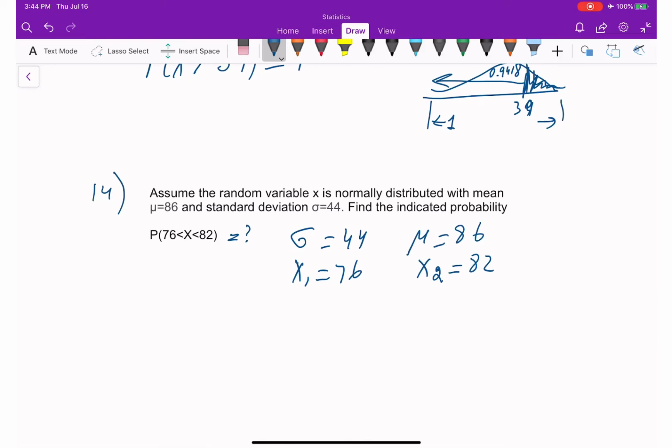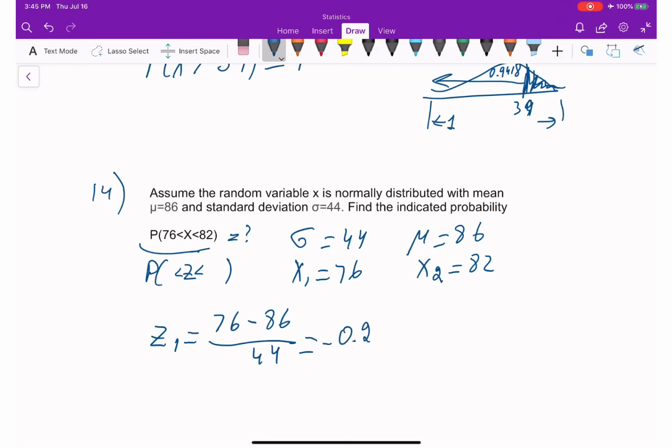To find the probability for x, we need to transfer to the probability of z-score, right? So we'll find our z-score and plug it here, because we need to transfer x to z-score, because only z-score has access to the table. So z1 is equal to 76 minus mu 86 over sigma, which is 44. That will be negative 0.23.